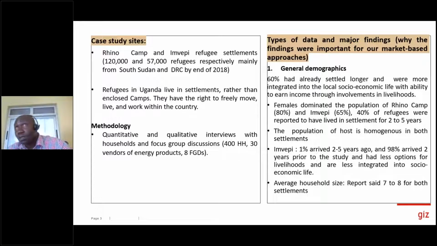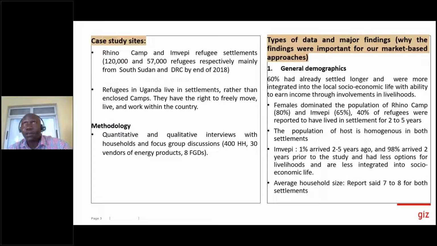The study also looked at the composition of the household heads, which had an impact on who makes the decision on what to spend. Generally, in these two settlements, we found that the majority of the households had more females than males.